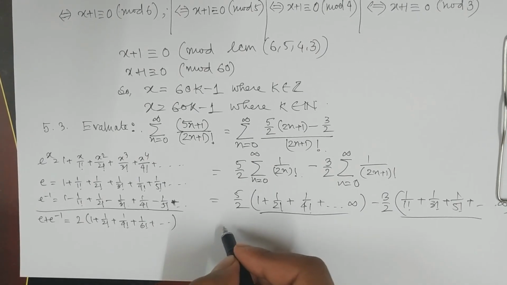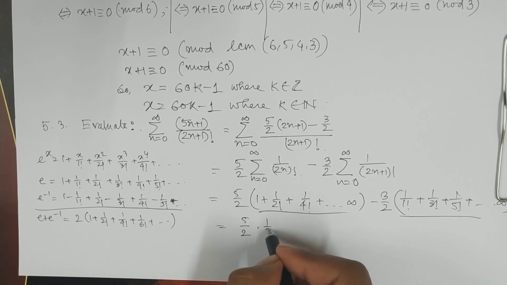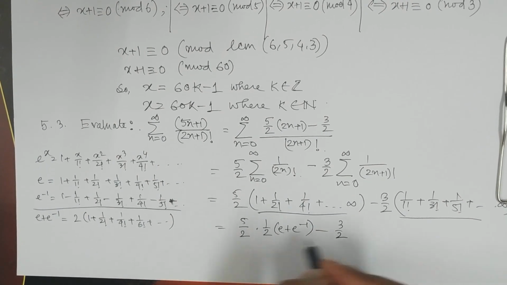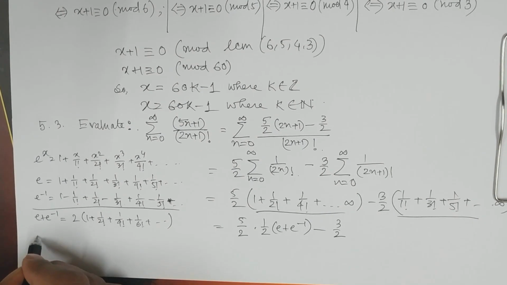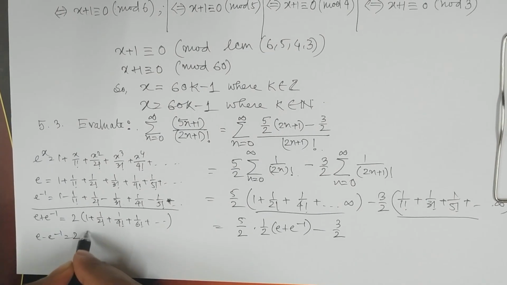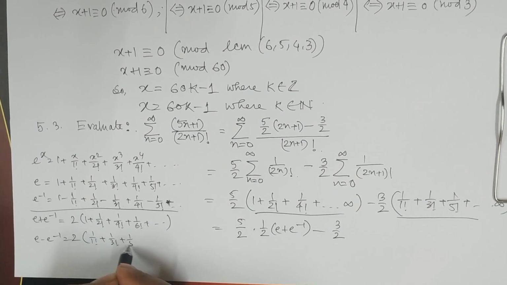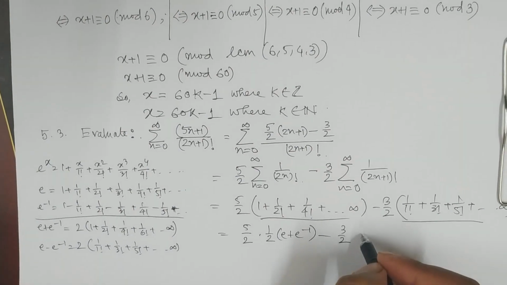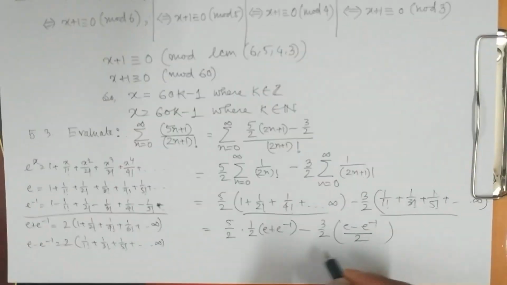So this sum is basically half into e plus e inverse, and if you subtract, e minus e inverse, what you get is 2 into 1 by 1 factorial plus 1 by 3 factorial plus 1 by 5 factorial and so on. So this is basically (e minus e inverse) by 2.